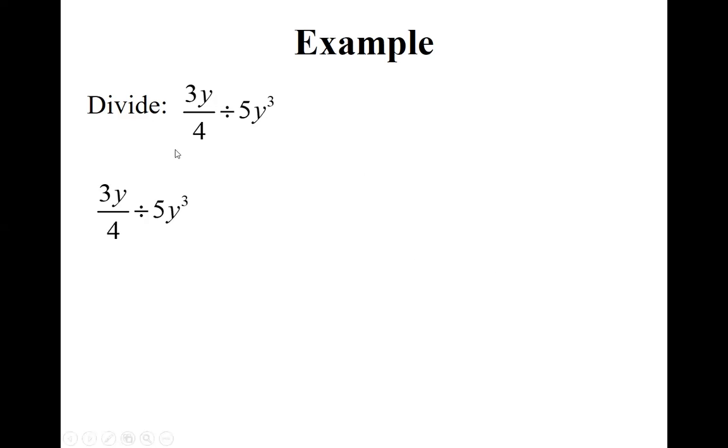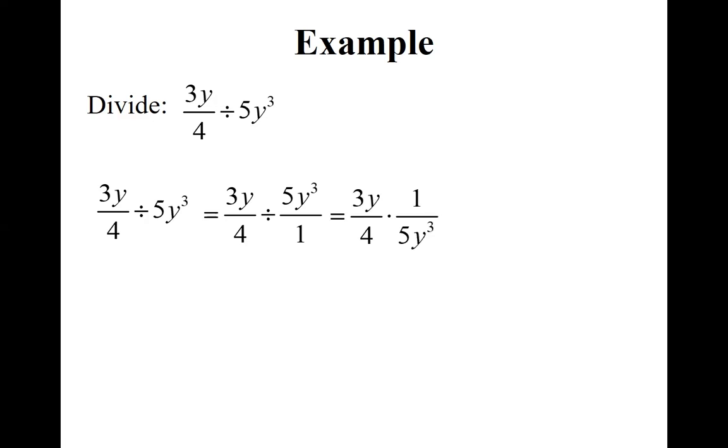We can write 5y cubed as a fraction by putting it over 1. Anything over 1 is itself, so anything can be written as a fraction by putting it over 1.